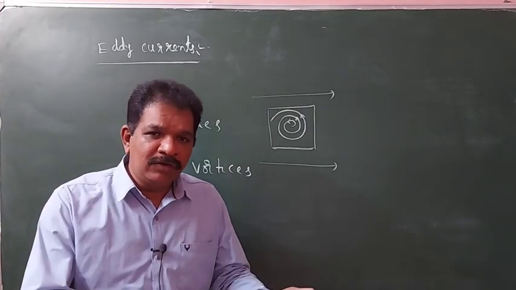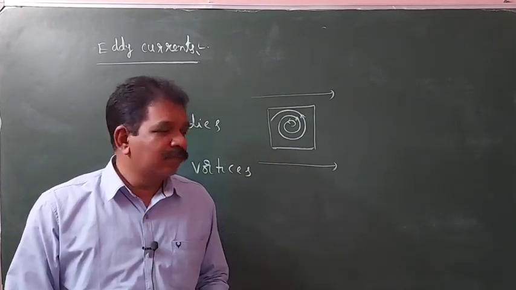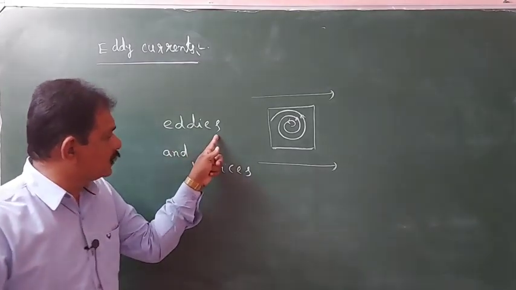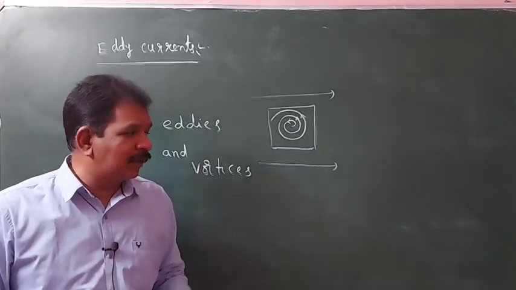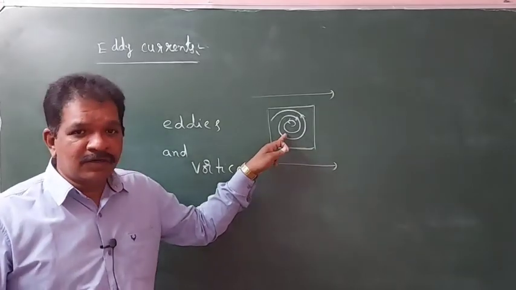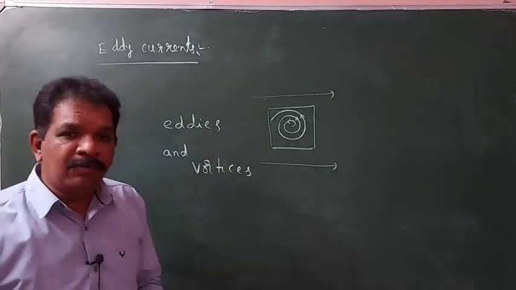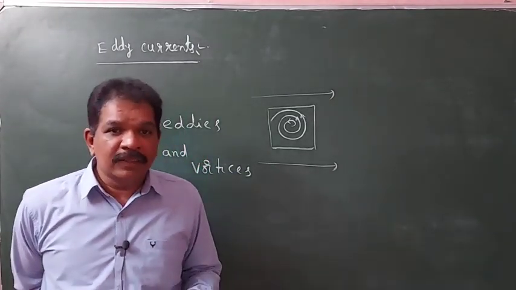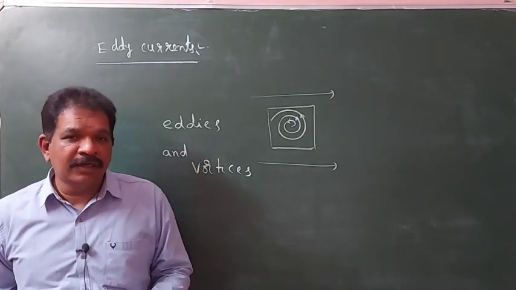If you went into that, it will attract all the objects towards it. Those are called eddies. Vortices are also in the same manner. These currents are also in the form of eddies which form in water. That's why these are called eddy currents.